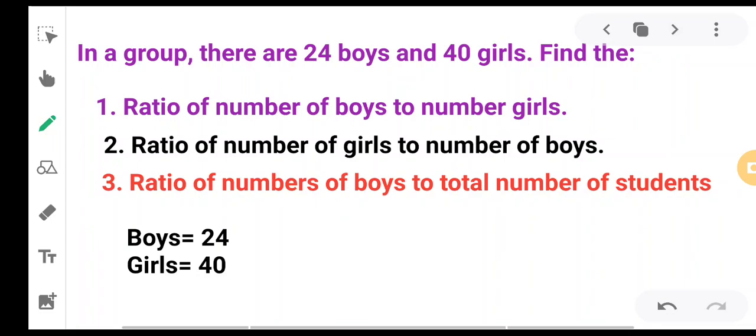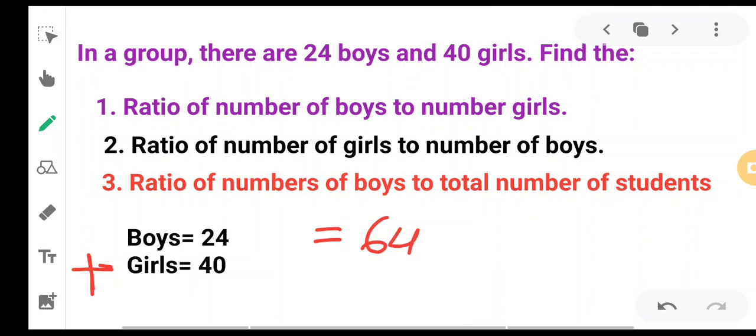Then we have to find the ratio of the number of girls to the number of boys, and third, the ratio of the number of boys to the total number of students. The number of boys is 24 and the number of girls is 40. To find the total number of students, I add these two numbers, boys and girls. So the total number of students is 64.